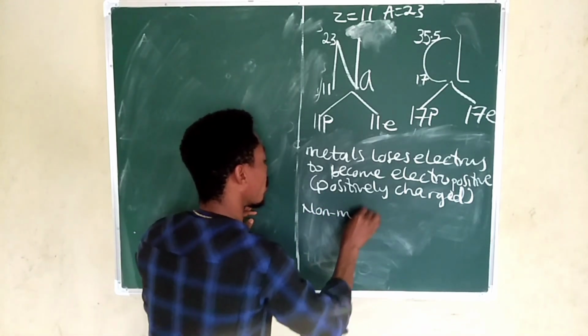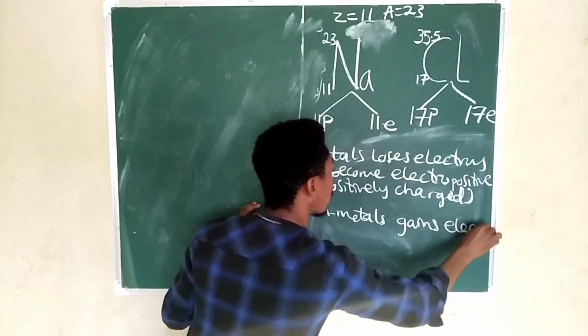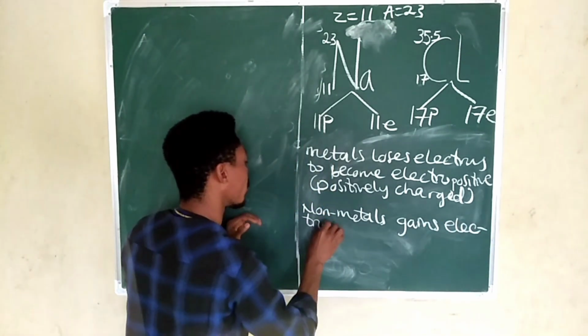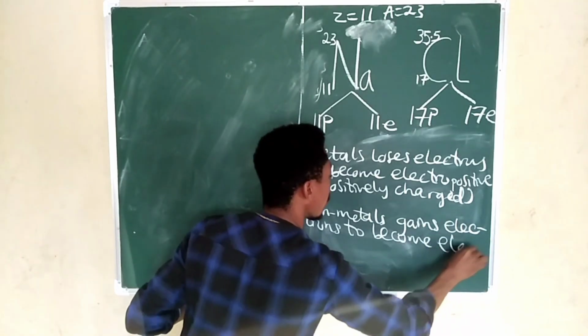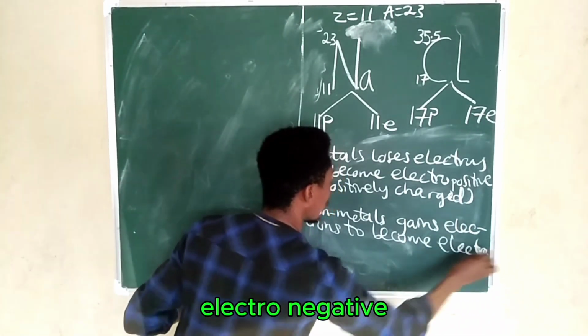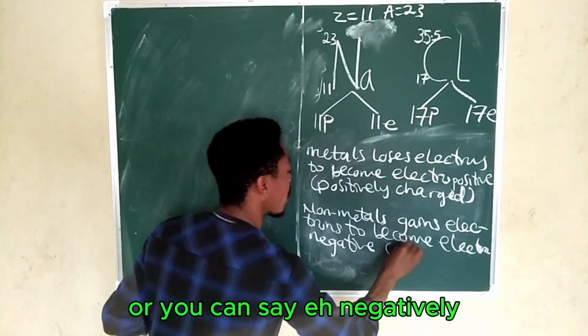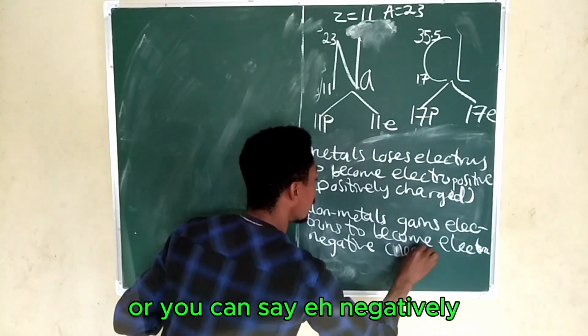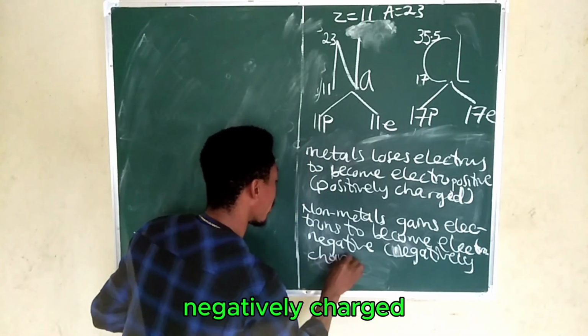Non-metals gain electrons to become electronegative, or you can say negatively charged.